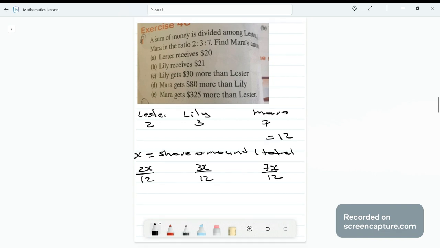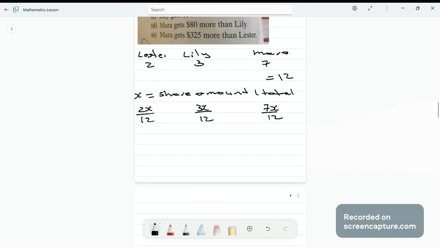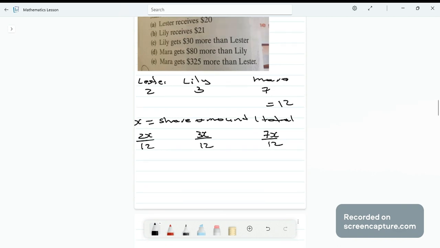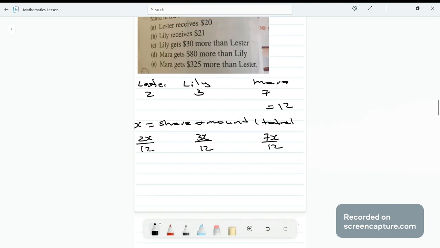We are now going to compare Lily and Lester. It says Lily gets $30 more than Lester. So the sharing would be 3 times X for Lily and 2 times X for Lester.